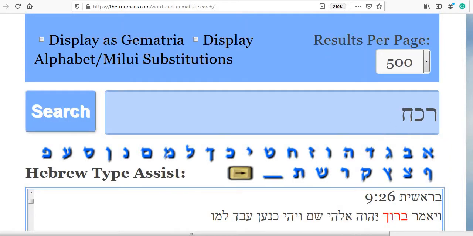And actually, the first plain word with the value 228 that you'll find in the Torah is Baruch, blessed be or blessed, which kind of even lends to this idea that it's special in some way. So you can see here, Baruch Hashem, blessed is God.